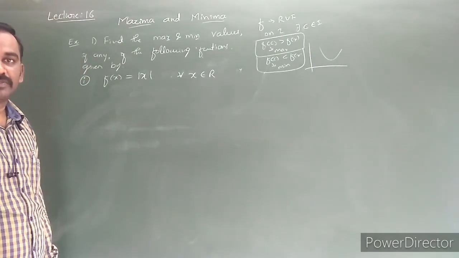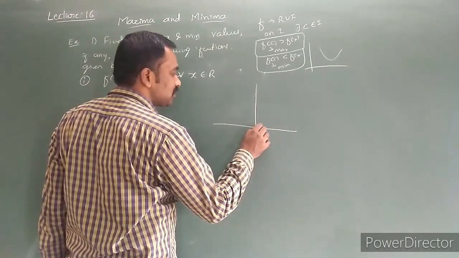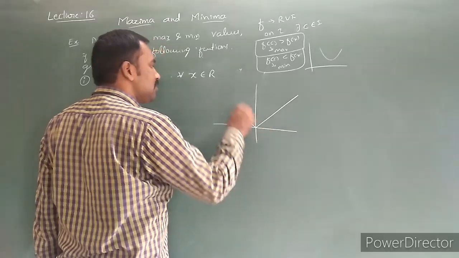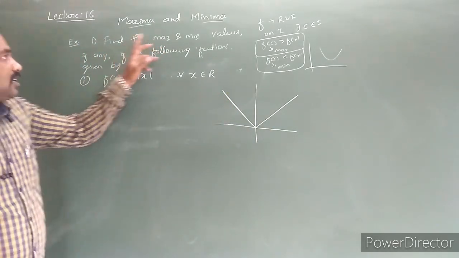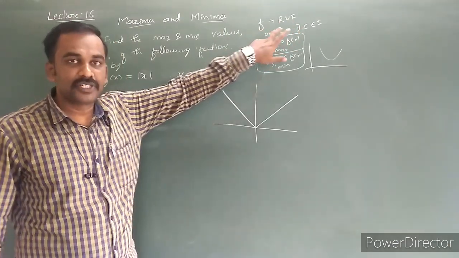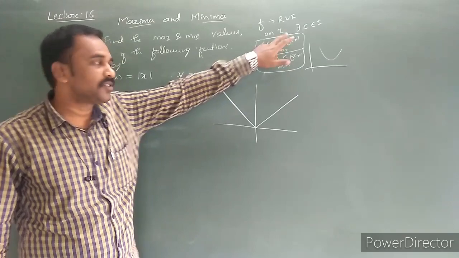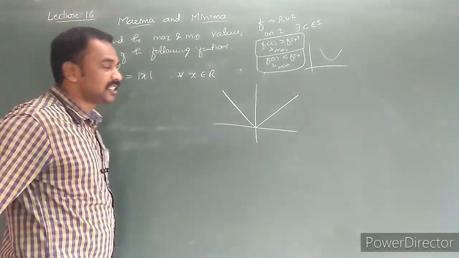Again, we have a graph of this function, the modulus function graph. We know the modulus function. This is the graph of the modulus function. Here f is a real valued function on a particular interval. Instead of a particular interval, they have given the whole real number set. On the whole real number set, it is that.